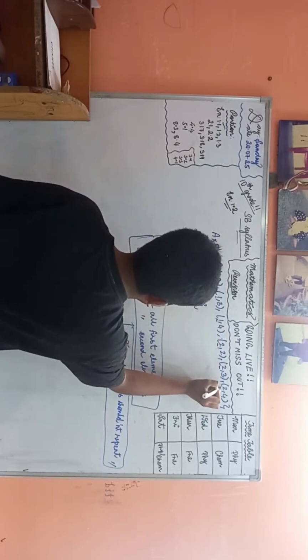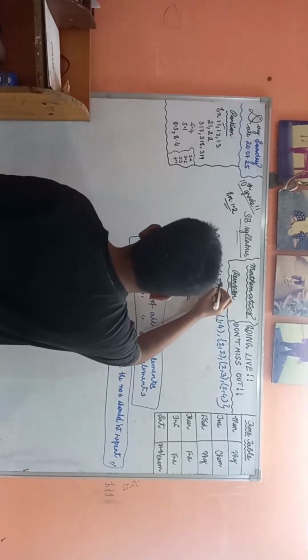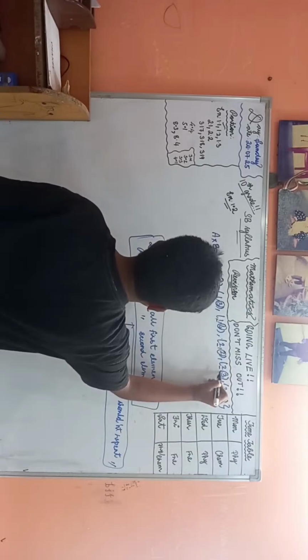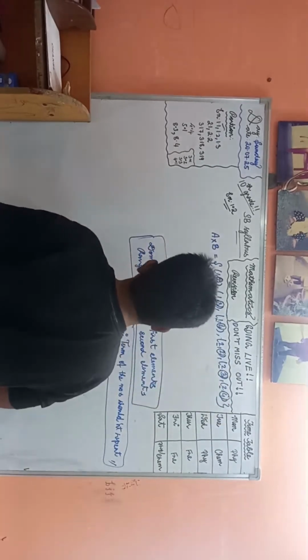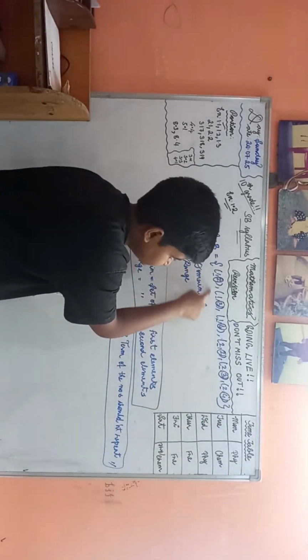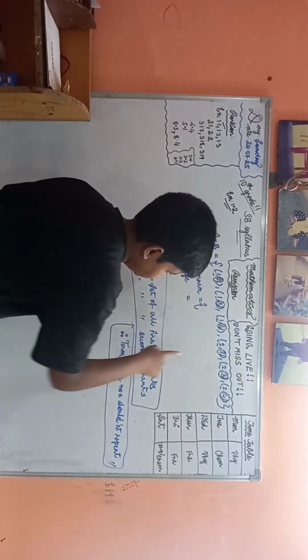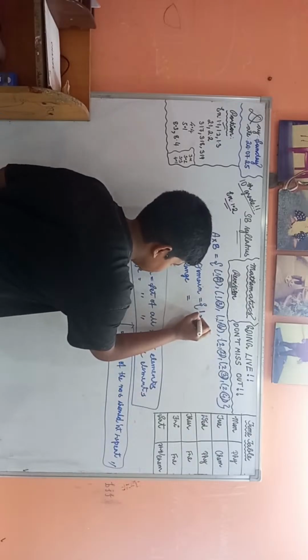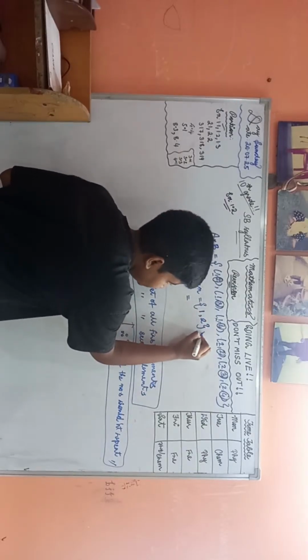2, 2, 2. And 2, 3, 4. 2, 3, 4. So for the first, if there's 3, take any one. And if there's also 3, take any one. So the domain is 1, 2. This is the correct method.